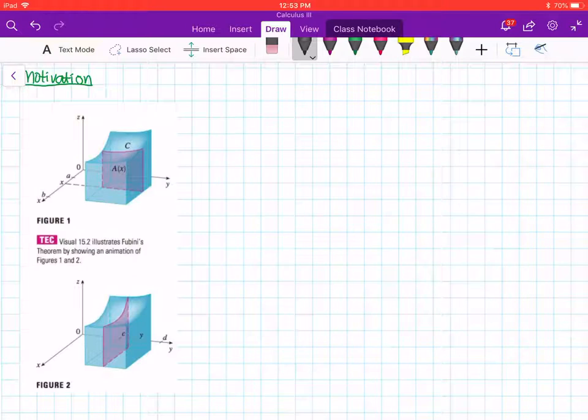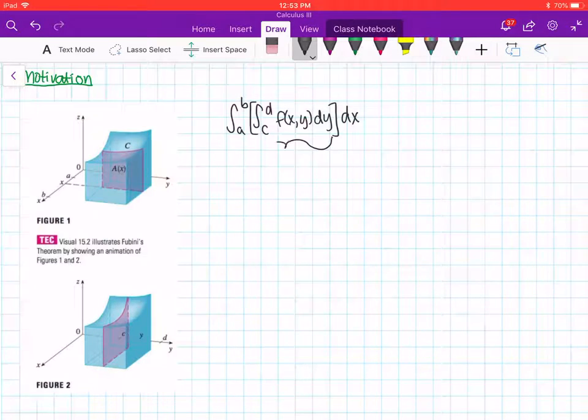So first of all, let's look at this integral. So from A to B, C to D. If we look at this inside integral, we see that x is constant, and it will give us the area under the curve where x is constant.